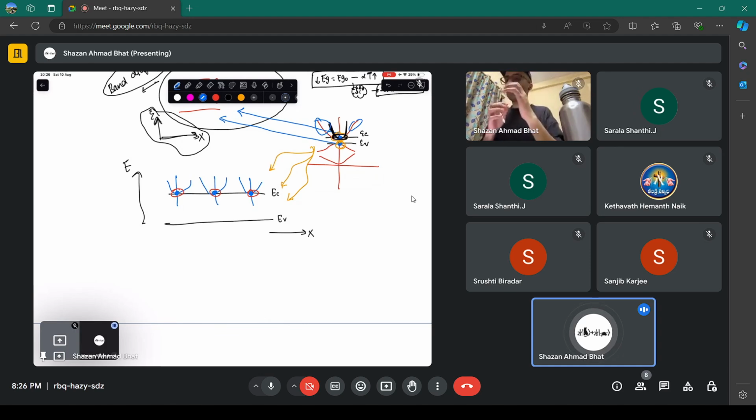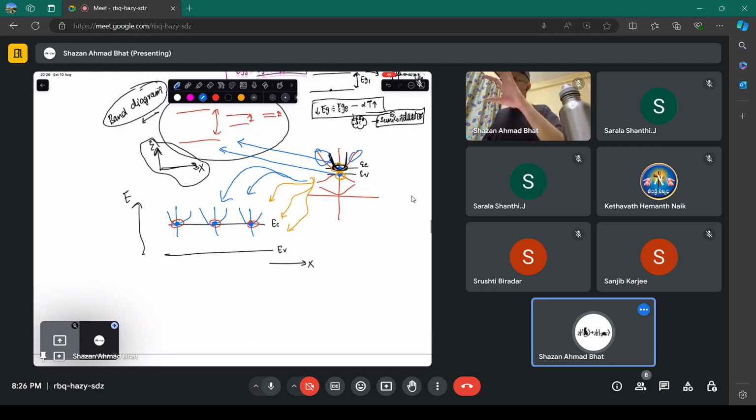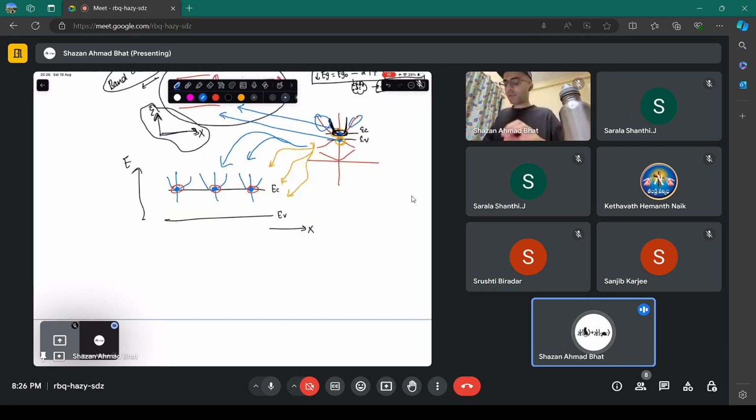Those are the states which are very important to us, and those are shown in the band diagram here. So we extrapolate this particular thing directly from the band structure.